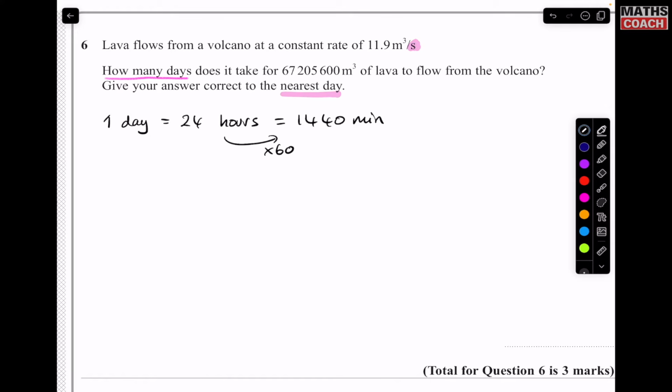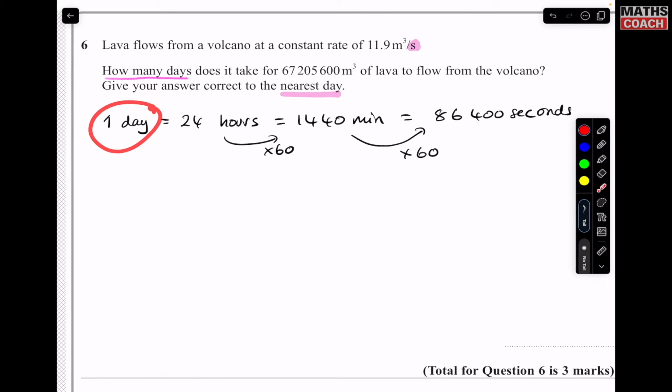To get that into seconds, we times by 60 again. We get 86,400 seconds. So in one day there are 86,400 seconds. That's the first thing that we write down.